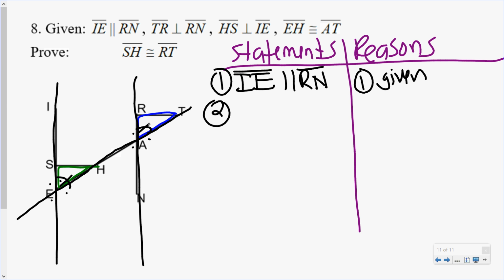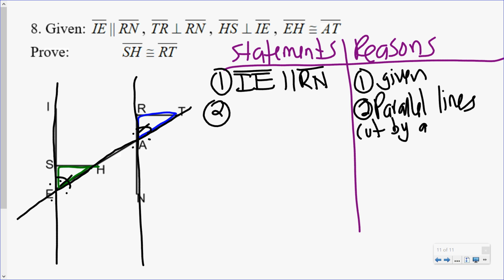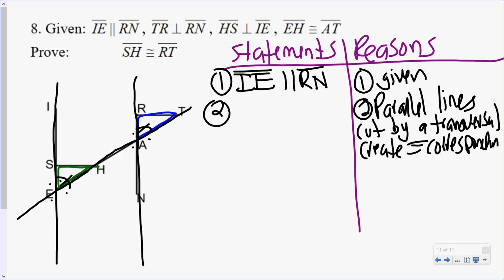Well, the green one's inside the parallel lines, the blue one's outside, so it's one and one. So those are corresponding angles. So parallel lines cut by a transversal create congruent corresponding angles.